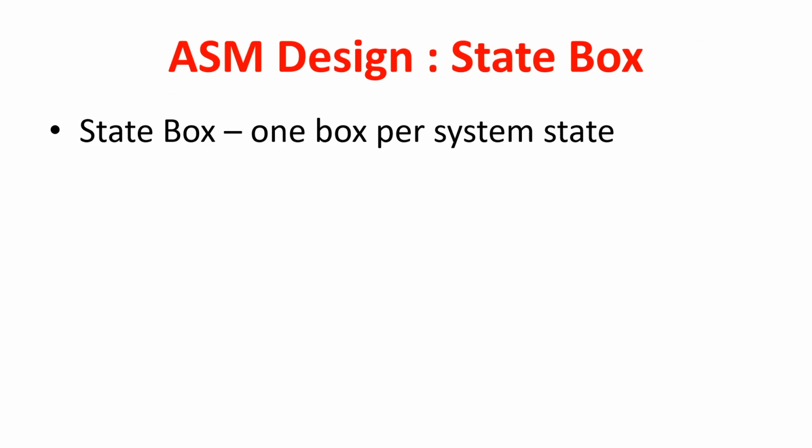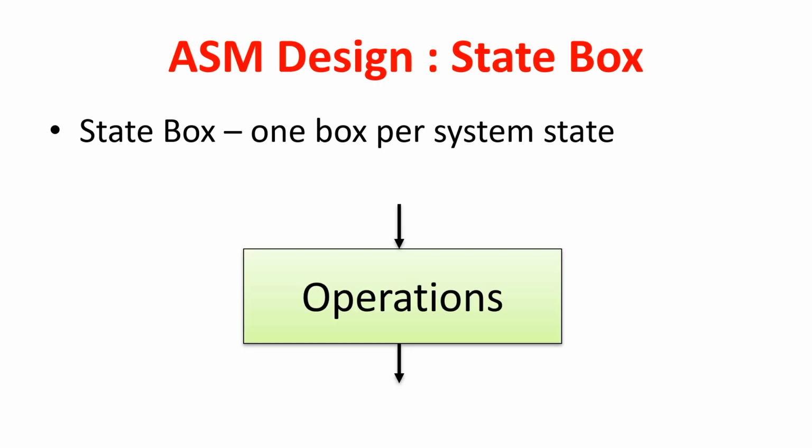And the state box. So, what is the state box? The state box is one box per system state, and we can specify operations. The state box has a name. Also optionally we can put an encoding, just like FSM encoding. Here also we can put what code we will assign for the state box.